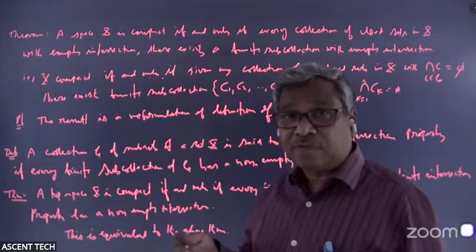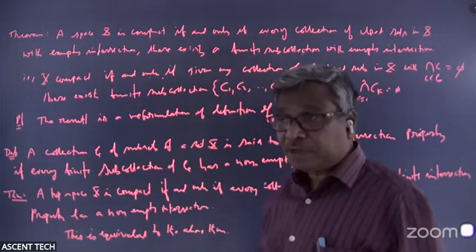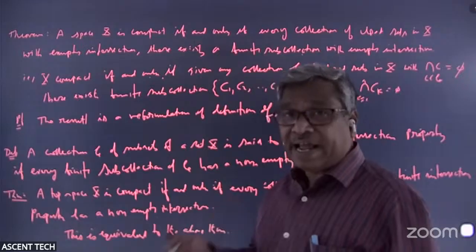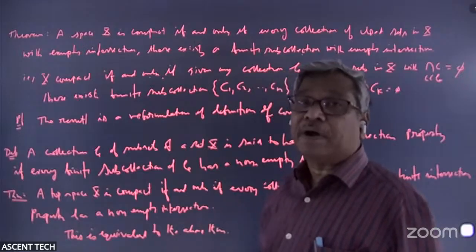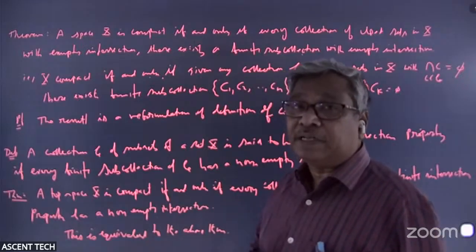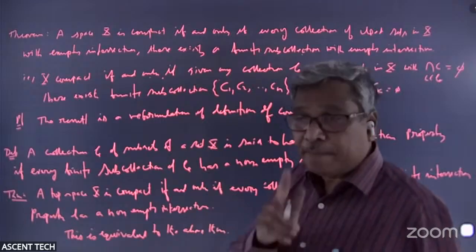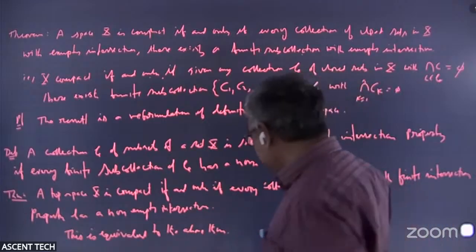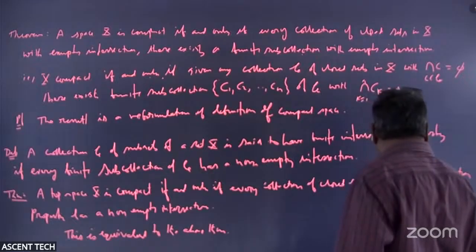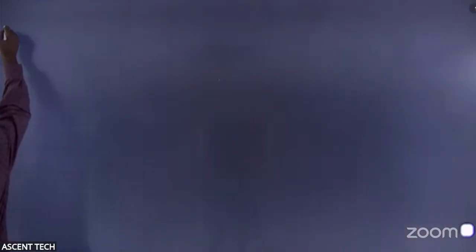If you have a subbase and the open sets of it cover X, then it should have a finite subcover, and that is equivalent to proving that the space is compact. But that result is a little difficult, and in proving it we need to get into some things. So here is the theorem.